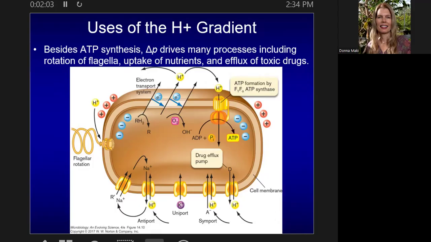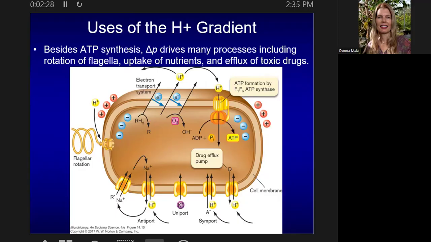Now, one other thing I want you to keep in mind is that we talk a lot about a proton gradient being used for ATP, which is totally legitimate. However, microbes can do other things with a proton gradient. We already talked about the idea that they can use it to power the rotation of the flagella. They have to use a lot of protons for that. But they also can use it to pump out toxins that they're getting exposed to, like antibiotics.